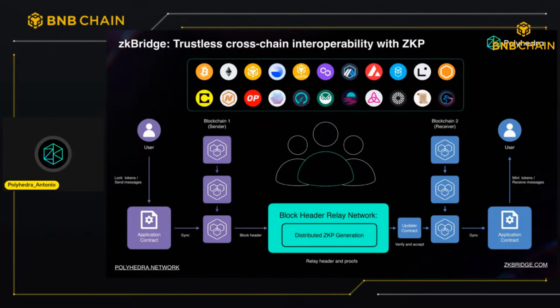Because humans make mistakes, but math won't. 1 + 1 will always equal 2. So the most secure way of verifying the correctness of an execution of a blockchain would be using zero-knowledge proofs to verify the block header, as well as transactions.